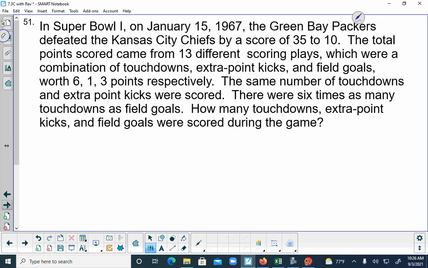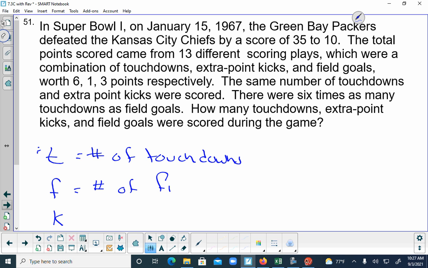T, F, and K. So T is going to be the number of touchdowns, right? Then F is going to be the number of field goals. And then K is going to be the number of extra point kicks. Yes?